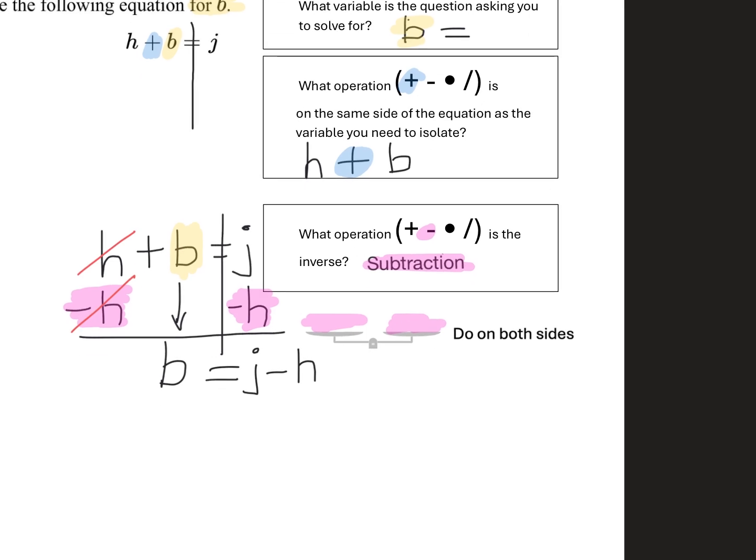Because I don't know what J and H are equal to, I can't actually do a calculation. So I'm just going to have to leave it written as J minus H. So this is my answer: B equals J minus H.